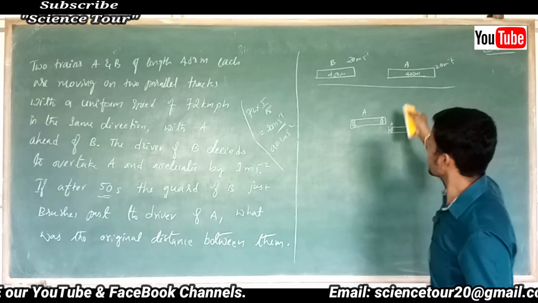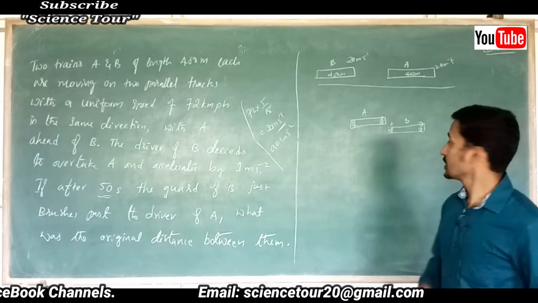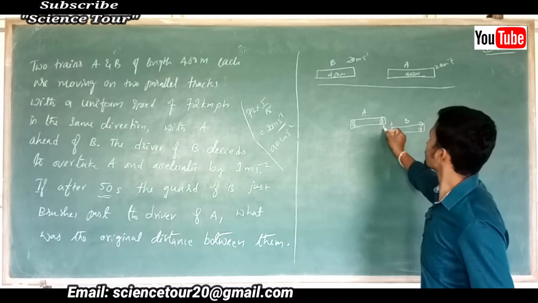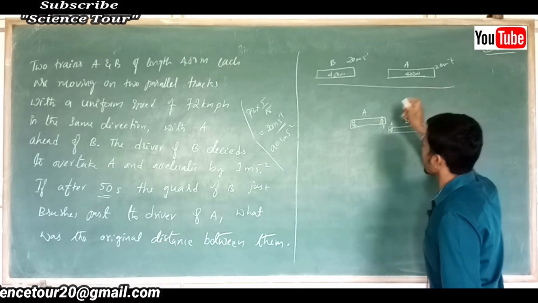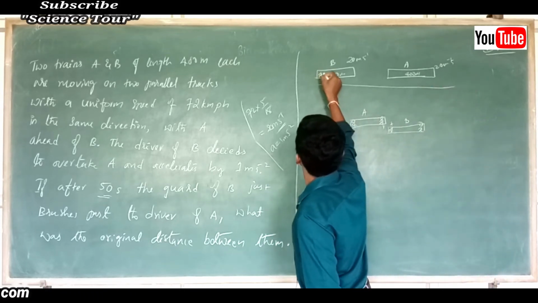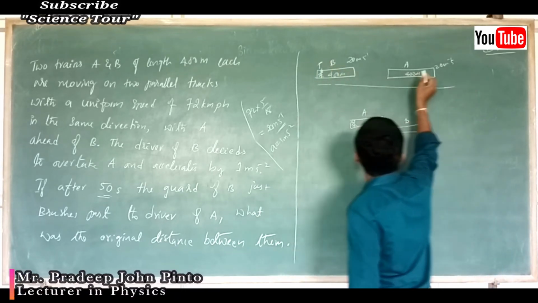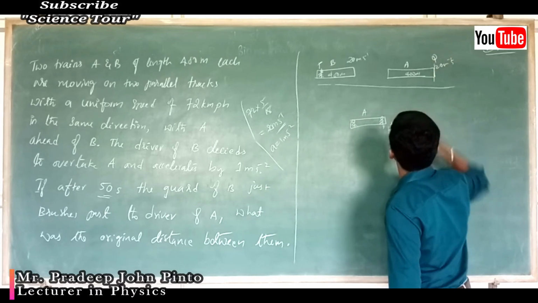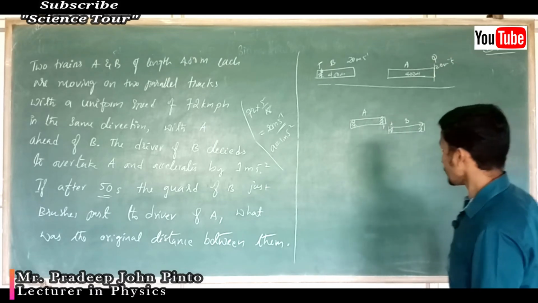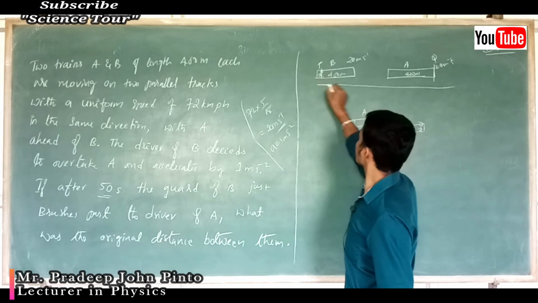See, after 50 seconds this was the case. This guard is at this point, I will label as point P, and this as point Q. So this person will move this distance.